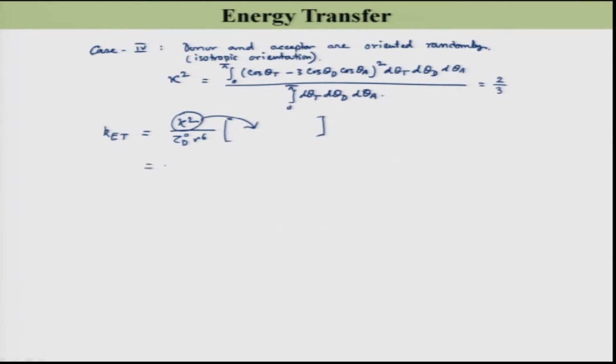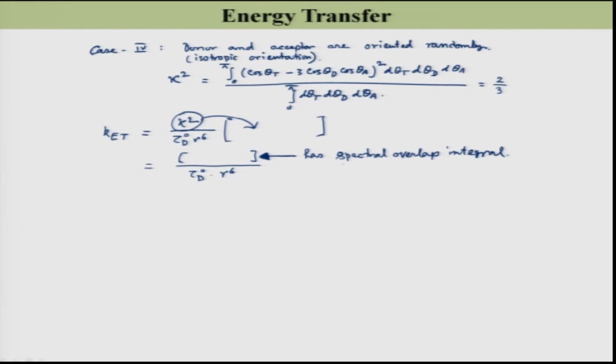So, I will write this as a constant divided by tau D0 r to the power 6. But remember that this constant has the spectral overlap integral within it. It means this is a constant for a definite pair of donor and acceptor.